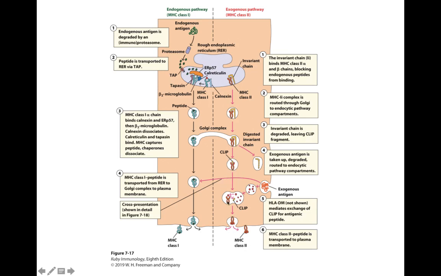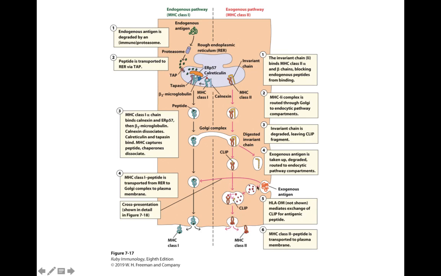And when a phagosome combines with that endosome, it will swap out some of the peptide pieces that were broken down from an exogenous antigen. They'll swap out the CLIP and put in the peptide, and then this will go to the surface of the cell. So you'll have presentation of antigen from an exogenous source in MHC class II.